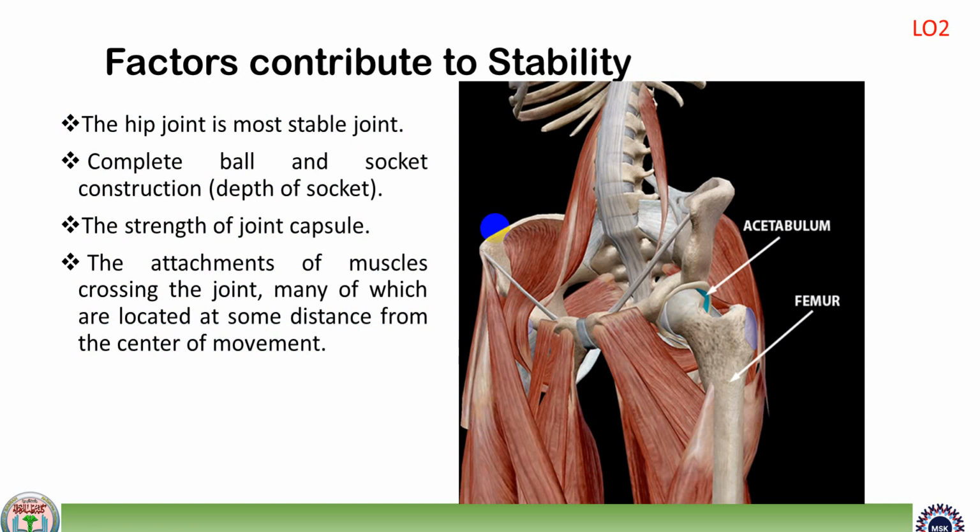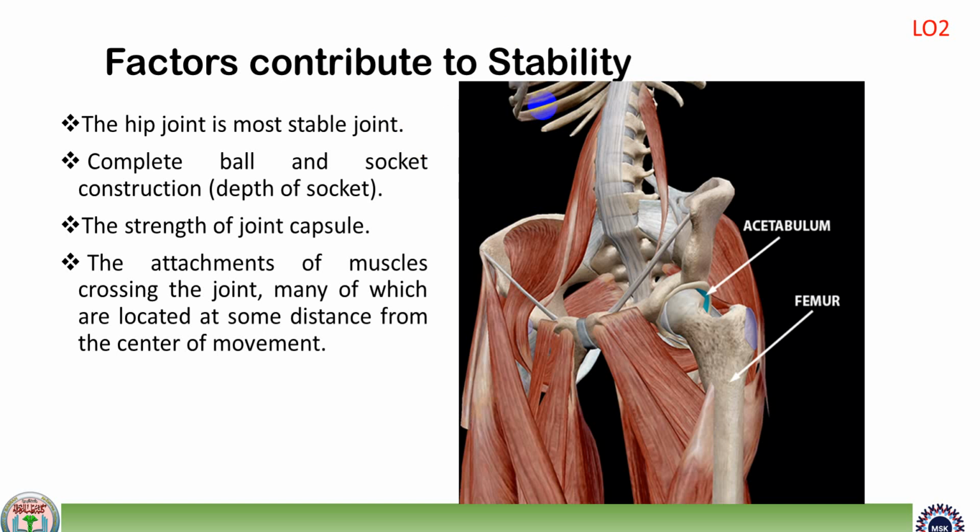The factors responsible for the stability of the hip joint: as I said, it is one of the most stable joints in the body, in which the head of the femur is deeply inserted in the acetabulum, so the bony stability is very important in the hip joint.